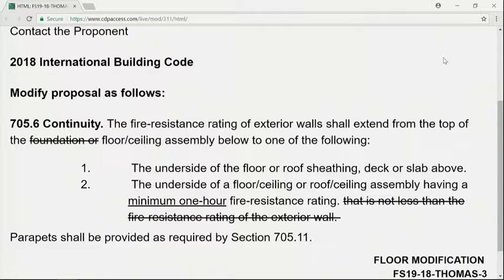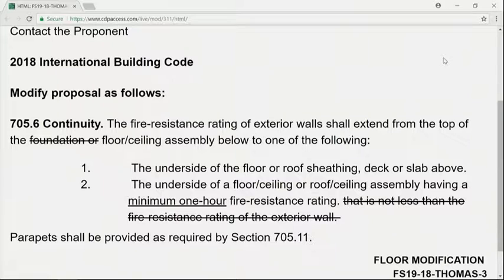So in my mind, that creates an inconsistency in the code instead of solving a problem. It makes more sense that when we deal with exterior walls, they extend from the foundation and then continue on up. You never know what's going to happen on the interior part of the building with regard to that foundation wall, but there's no reason not to consider that the fire rating should be consistent all the way from the foundation up. I speak against the modification and against the proposal.